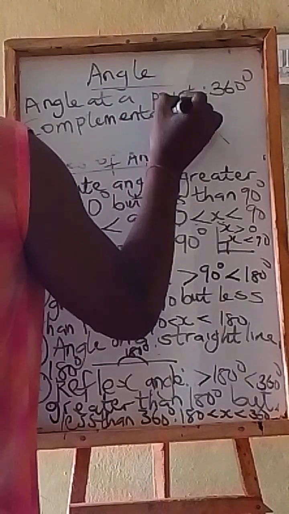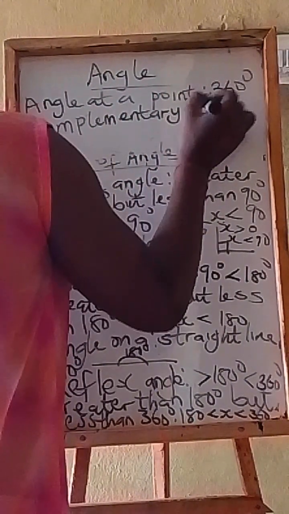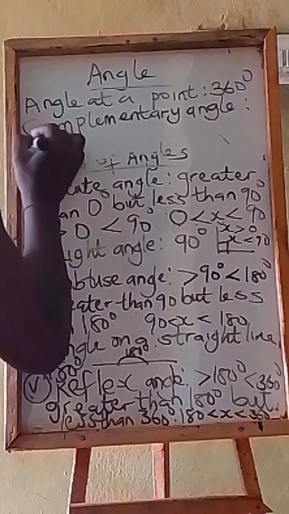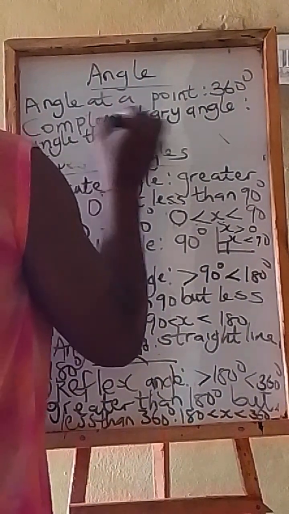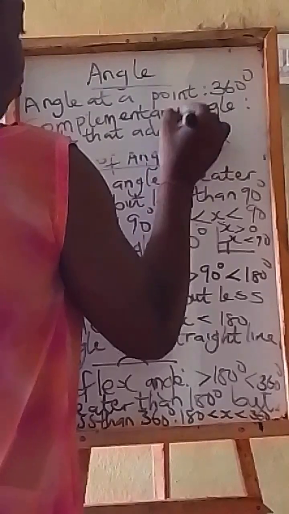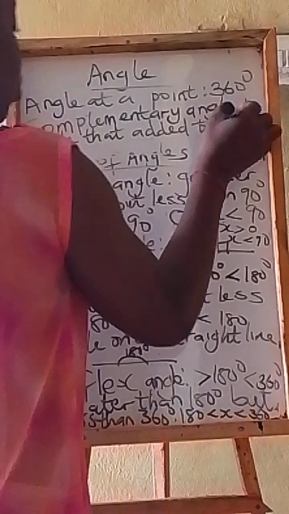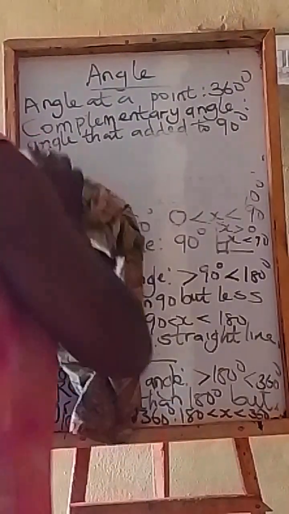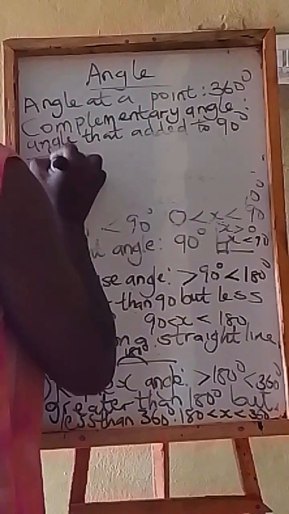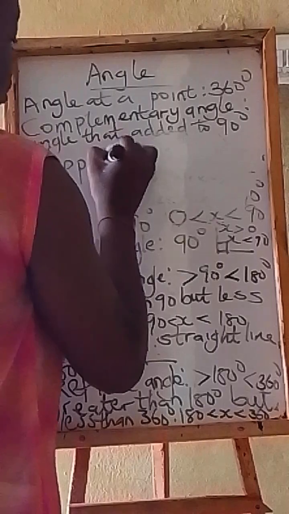And the next one is complementary angle. Complementary angles are angles that add up to 90. And the next one is what we call supplementary angle.